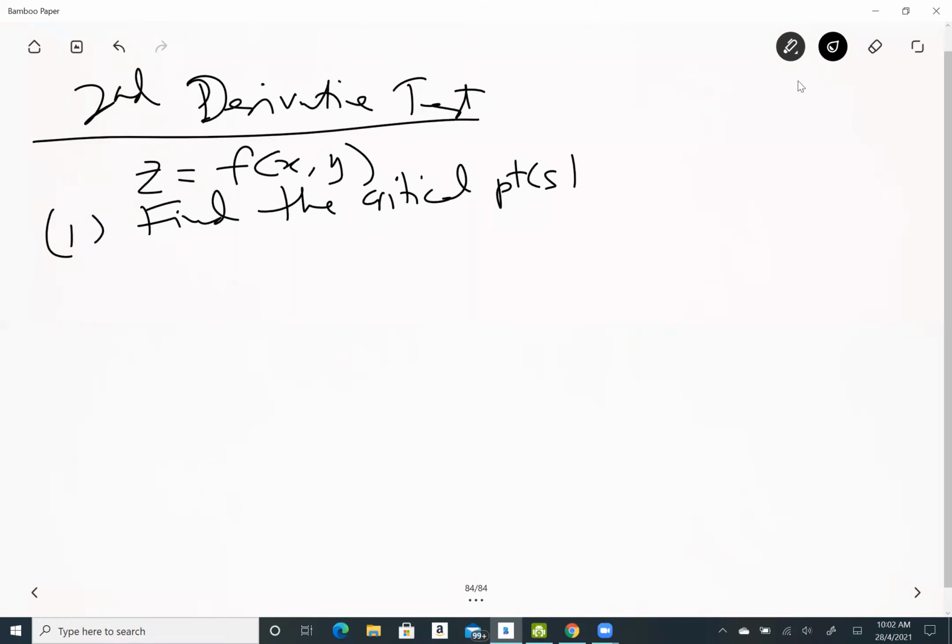Now, how do you get the critical point? We're going to take the first partial derivatives. To get that, you have fx equal to 0, fy equal to 0. So that would be the critical point. In other words, you have to find fx, fy.